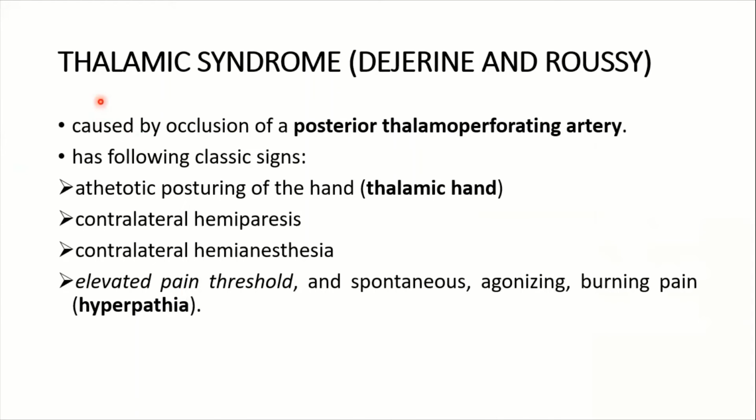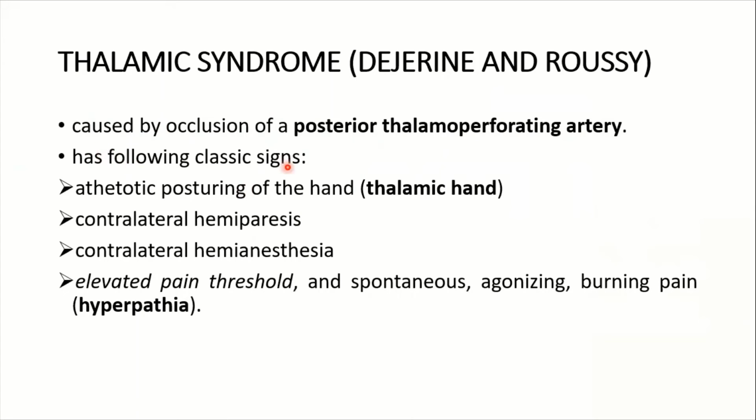So this is now another thing, thalamic syndrome. This is also known as the Dejerine and Roussy syndrome, caused by occlusion of a posterior thalamoperforating artery. I showed already this posterior thalamoperforating artery.